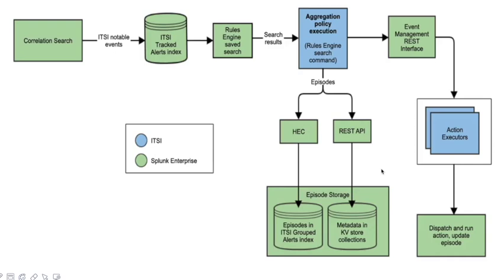So the rule engine checks whether any action is defined, and if so, it dispatches it through the event management REST API and the action gets executed. The action can be ticketing or anything else.